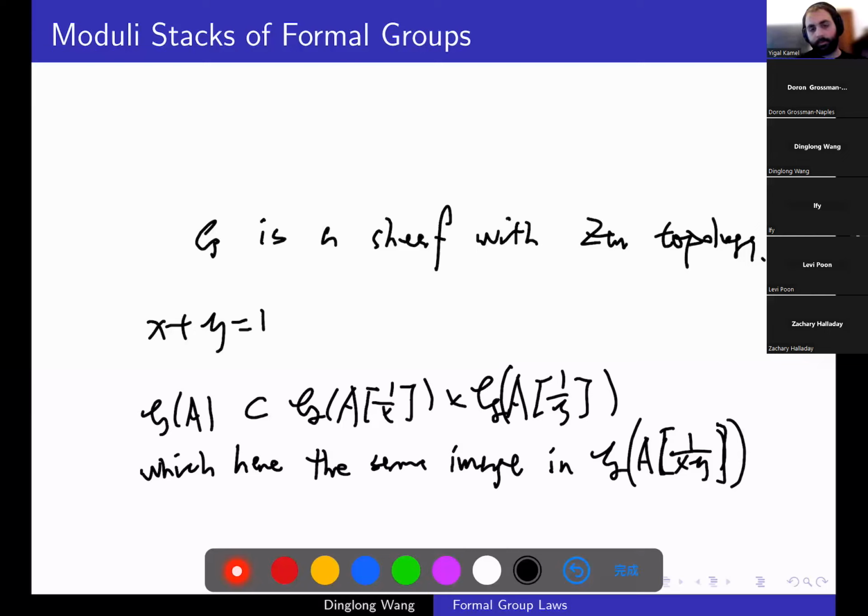So we also have the following condition.